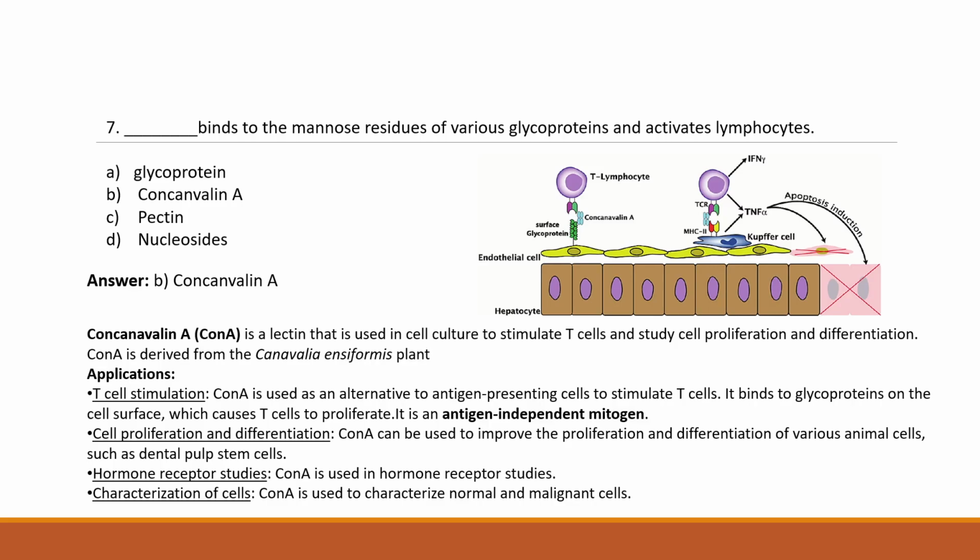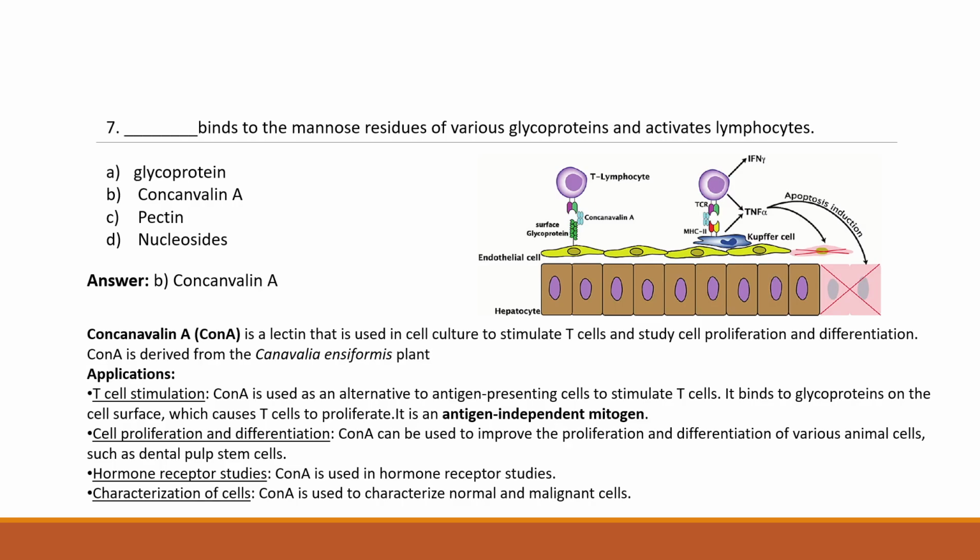So what is concanavalin? It is a lectin. A lectin is nothing but a protein. Lectin is also, I think, the first protein whose structure was known, something like that.